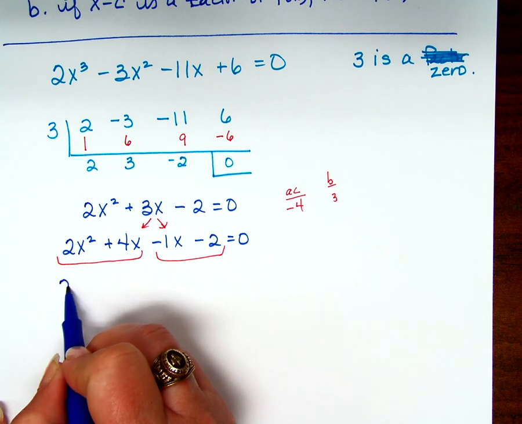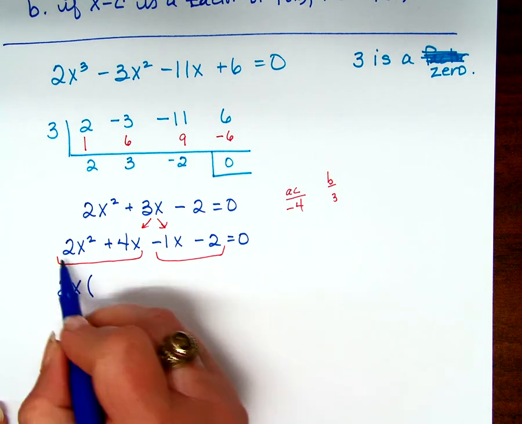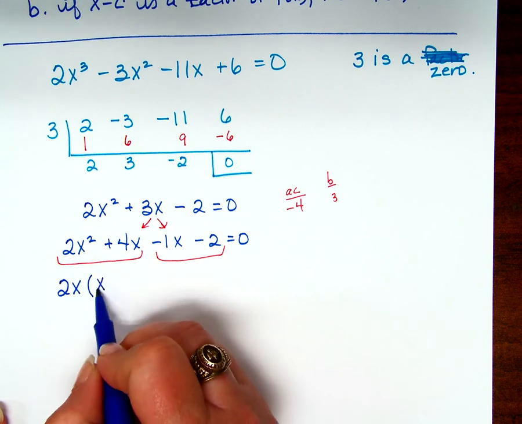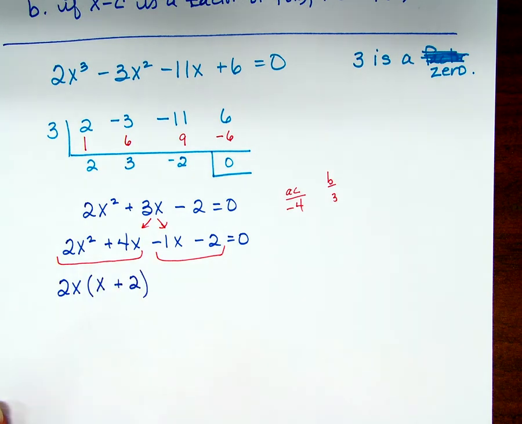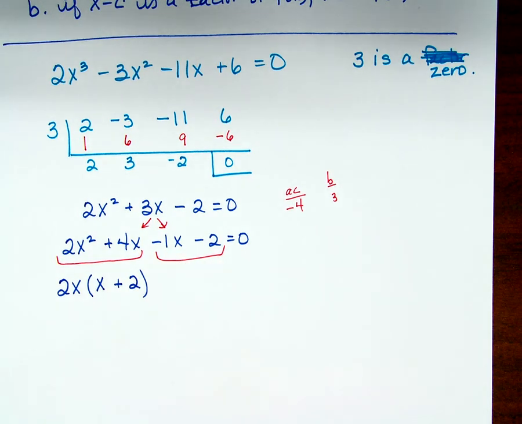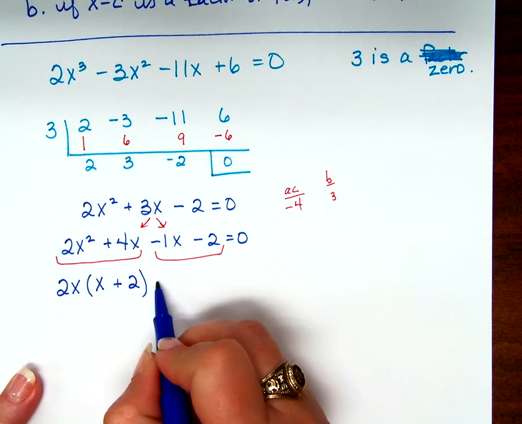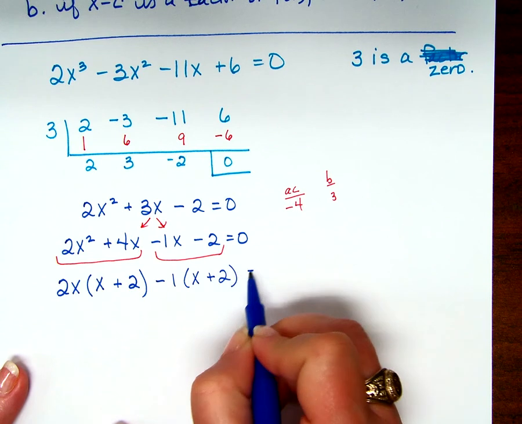What should we factor out? 2x. What's left if I factor out a 2x? X plus 2, right? What do I have to factor out of the second 2 terms so that I get a parenthesis that says x plus 2? Negative 1, right? So if I factor out a negative 1, I end up with x plus 2.